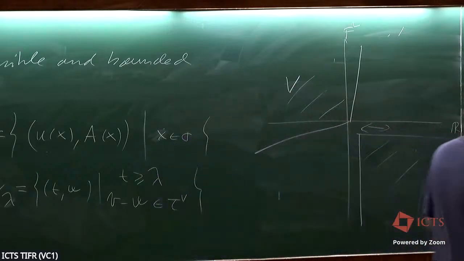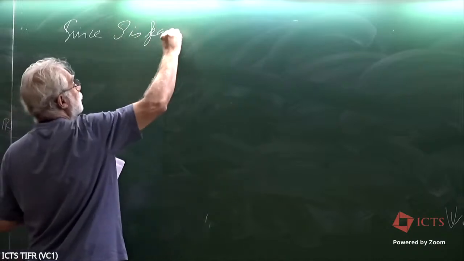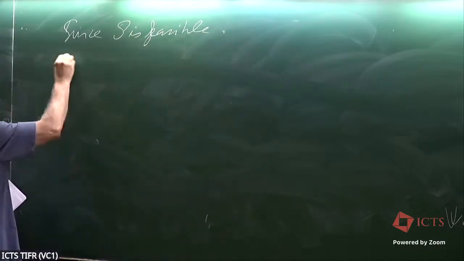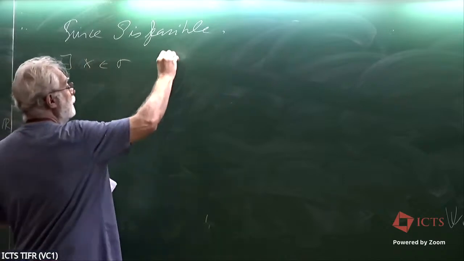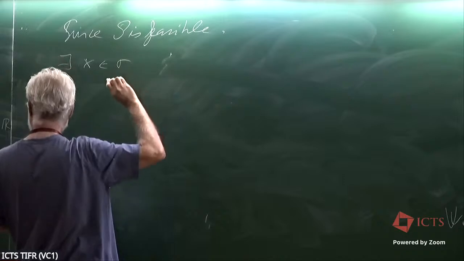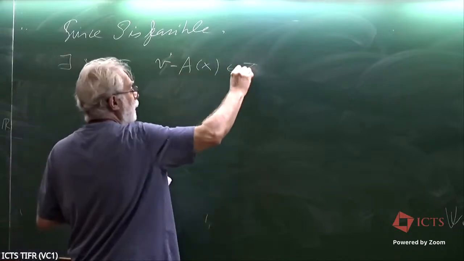Now, since P is feasible, we know that there exists an X in sigma such that B minus A of X is in tau dual.